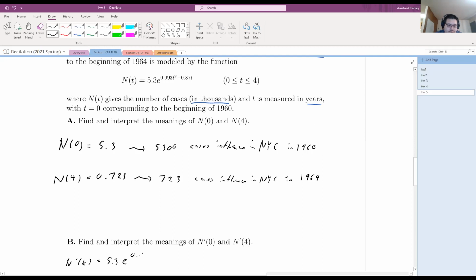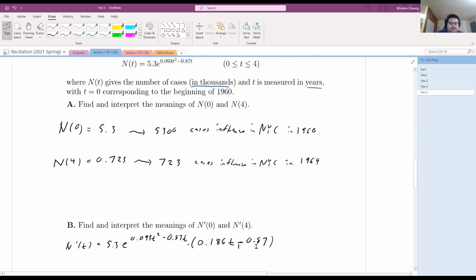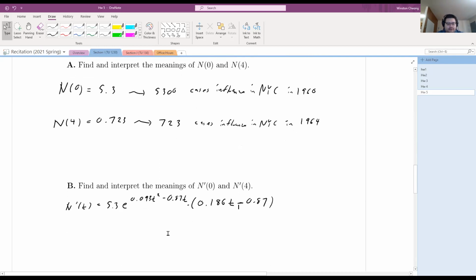So the exponent is 0.93t squared minus 0.87t, and when you take the derivative you still get all of this, and then the chain rule gives you 0.186t minus 0.87. This is now your function for n prime that you're going to plug things into.